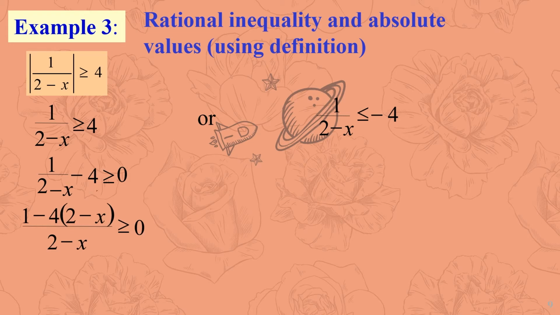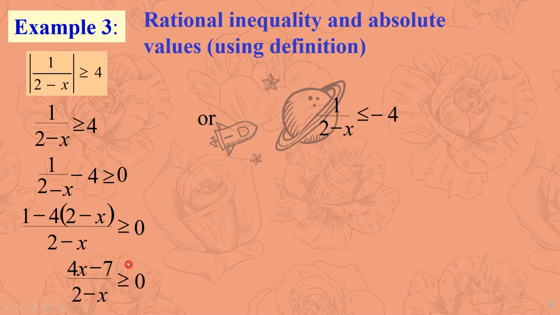So we expand. 4 times 2 will give us 8. So 1 minus 8 will give us negative 7 here. And then we expand the negative, positive, so 4x. So we get 4x minus 7 over 2 minus x greater than or equal to 0.